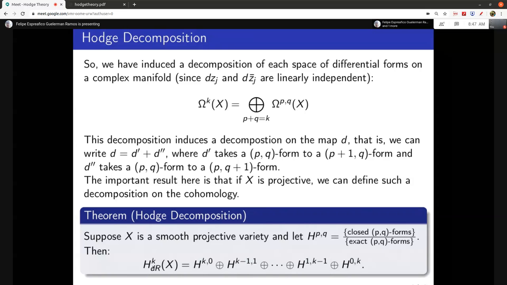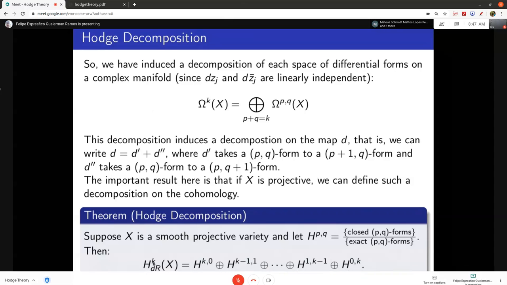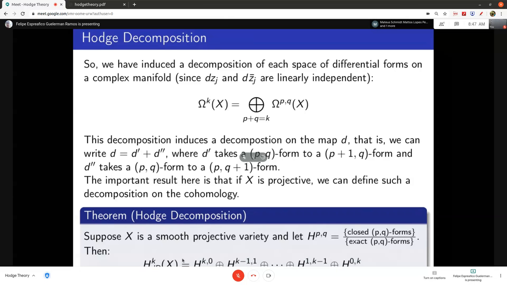And then the theorem says that we could just decompose the cohomology in these sets, right? So this is a very important theorem, and we are going to present two versions of the Hodge conjecture. One of them will use this decomposition, right? So this is important. Felipe, sorry.